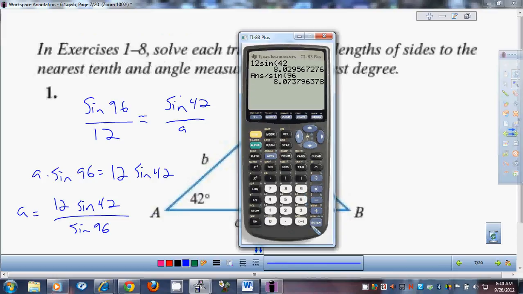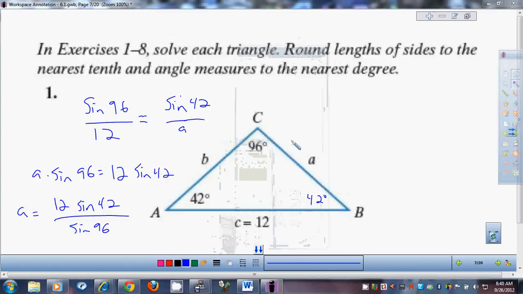And I'm getting 8.07. Oh, it says the nearest 10. 8.1. Which therefore also makes B 8.1. They won't always be the same, but if it's an isosceles triangle, then they will be.